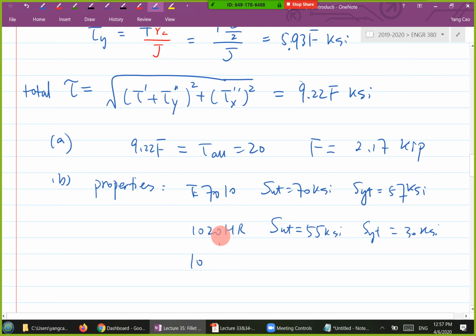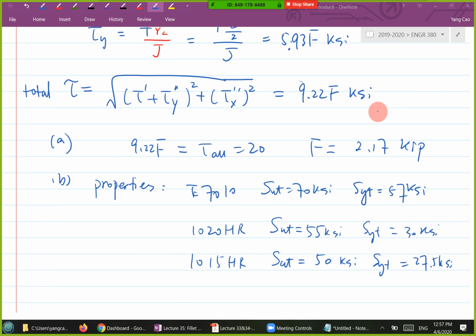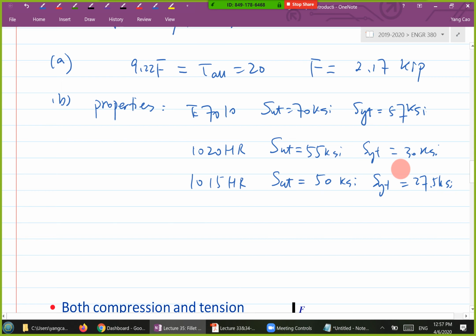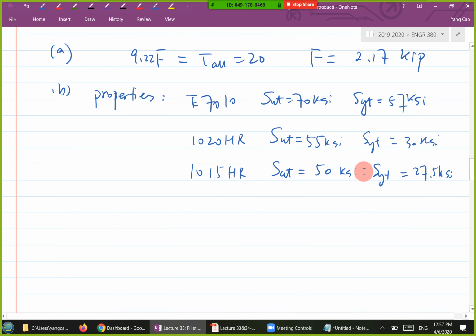The other base metal, the support, is 1015, with SUT 50 and SYT 27.5 KSI. Once we get this, we apply our formulas to get the minimum ones based on the welding code.